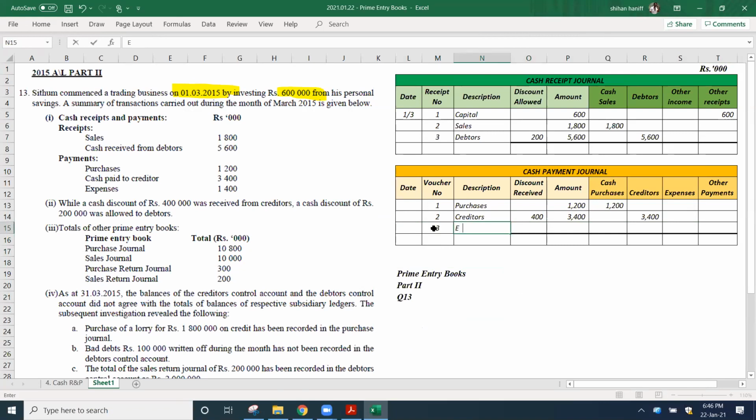Then we have expenses. Expenses 1.4 million. So those are the cash receipts and payments. So when you look at the question, it seems like big question, but it's a very basic, simple question. Okay, so now you can calculate the total values.